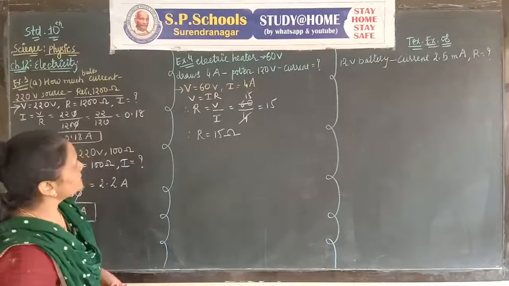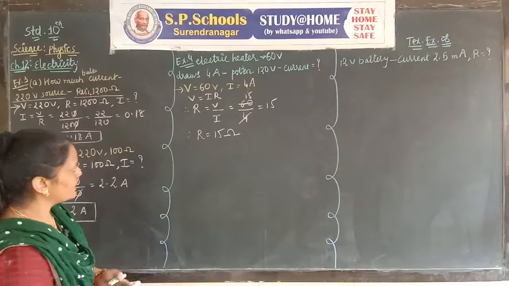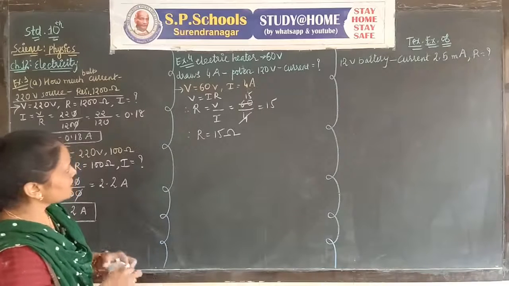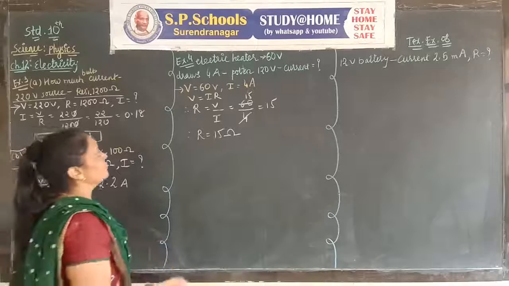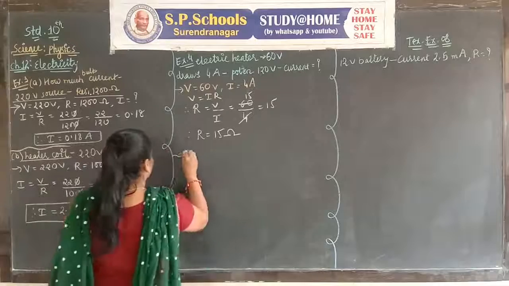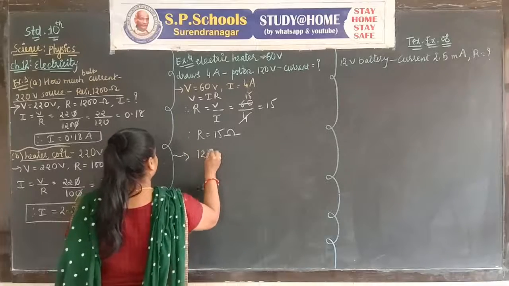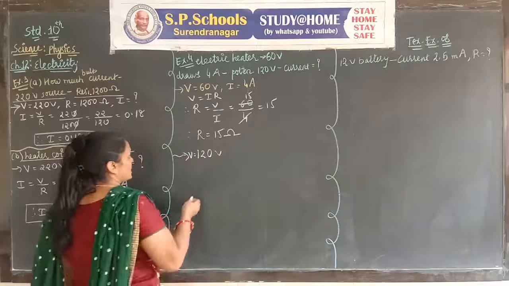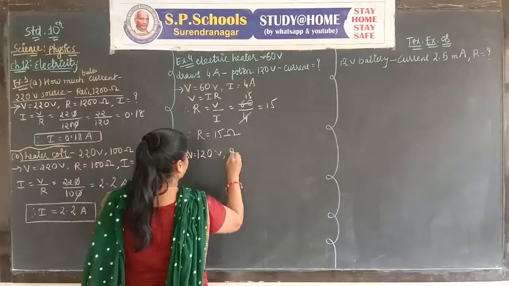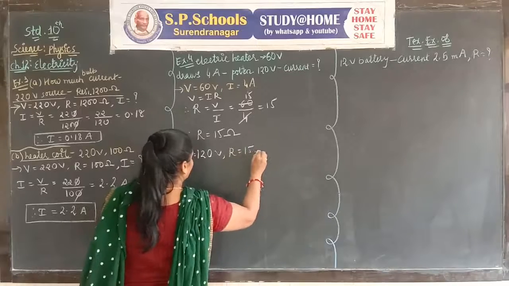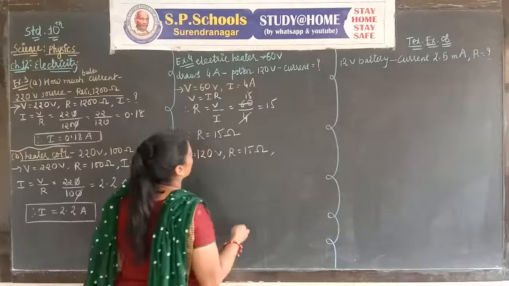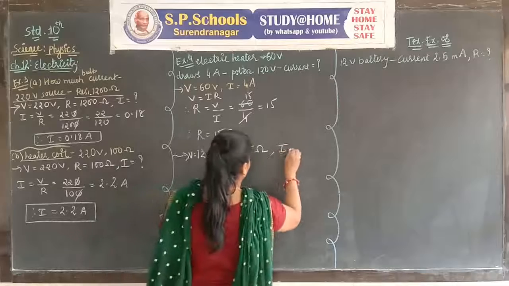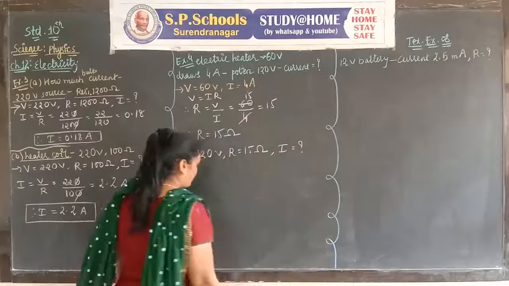With the help of the resistance we find the current, but here the potential difference is changed to 120 volt. V is equal to 120 volt. We already found the resistance, 15 ohm, and then the current will be found.